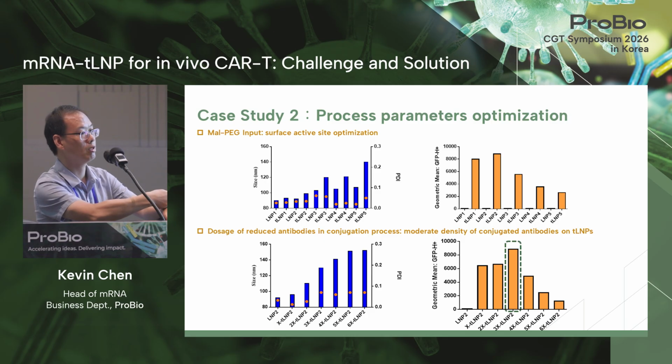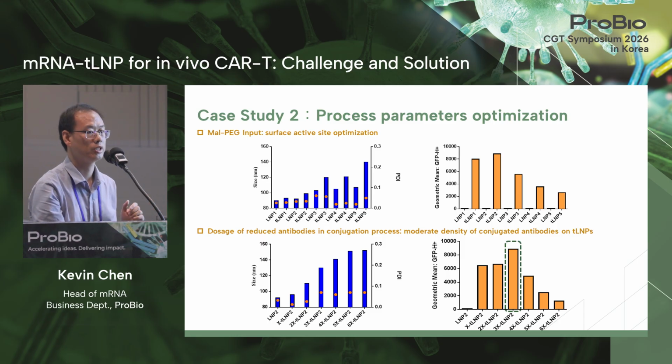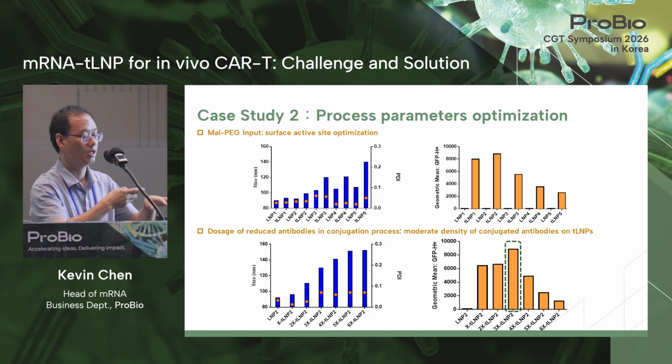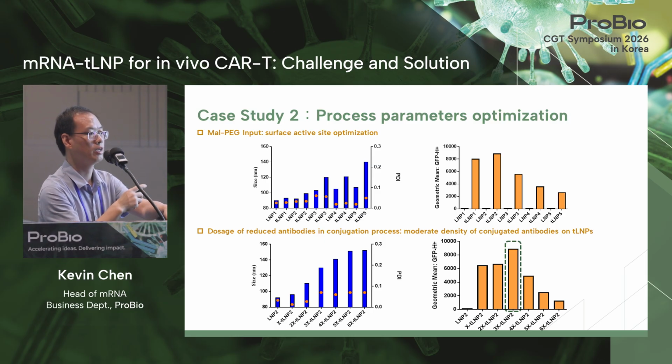As we increase the antibody in the formulation, the size increases, and the PDI is quite stable. Eventually we looked at the GFP expression for these different samples, and you can see that when we add 3 times of antibody in this formulation, the GFP expression is the highest. In that way, we can lock the antibody amount in this formulation.